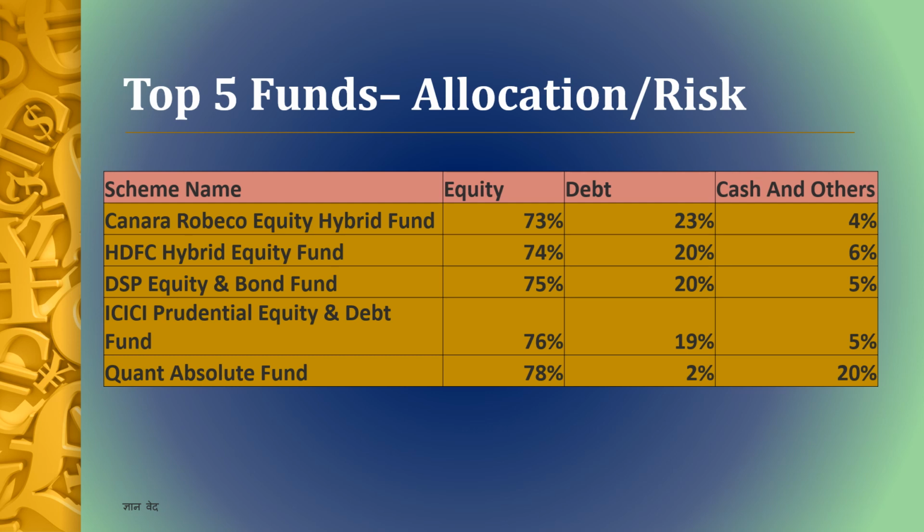And the Quant Fund is allocating only 2% in debt, while the others have kept the rest in cash and cash equivalents. So we can say Canara Robeco is much better, with low risk and higher return. The middle 3 funds, HDFC, DSP and ICICI, look like average risk and above average return. Quant has above average risk and higher return.